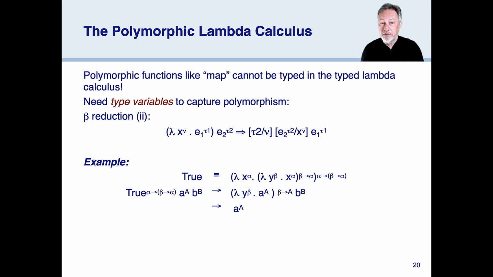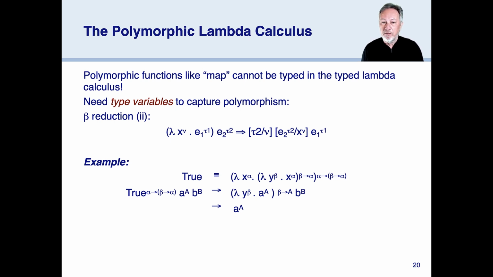The only difference is that now we add type variables, just like we have in Haskell. So instead of having a monomorphic lambda calculus with fixed types, we also have type variables. So this is really close to what we have in Haskell, and this allows us to model generic functions, just like we have generic classes in Java.